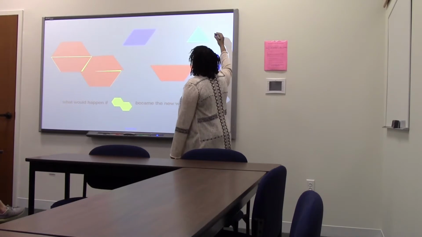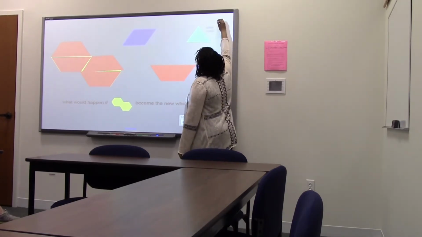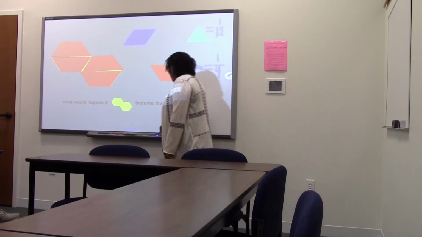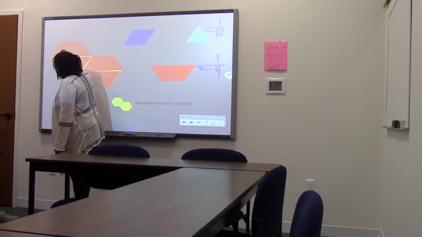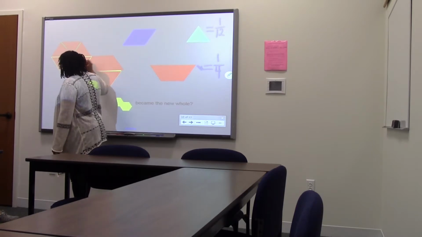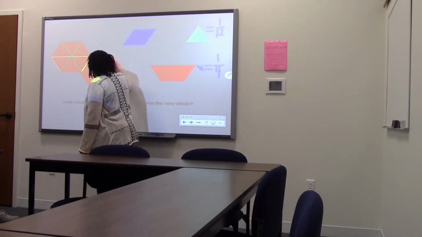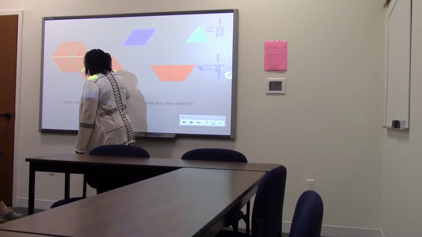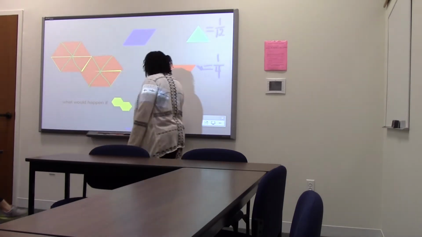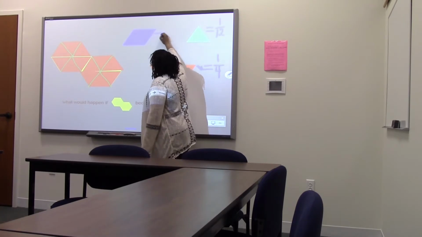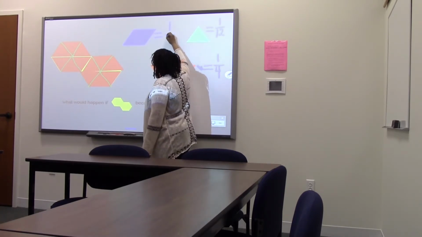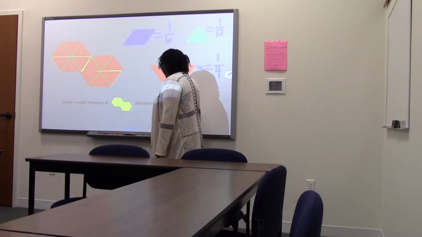And then the new fraction for the triangles would be 1/12, because we'll be able to see that there are 12 triangles in here. 1, 2, 3, 4, 5, 6. And then there's 6 on this one for a total of 12. And then for the blue rhombi, the new fraction will be 1/6.